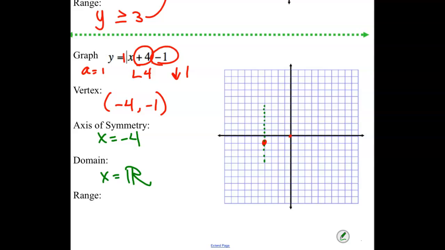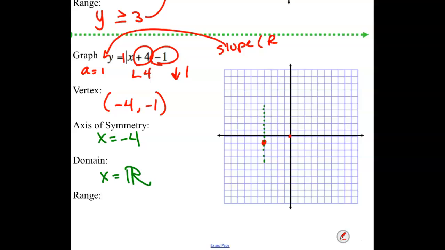But my range, if I think about what this graph's going to look like, we said we had a slope of 1. So the slope on the right side is going to be 1. The slope on the left is going to be -1. On the right side, I'm going to go up 1, right 1, and draw the right side of my branch in.